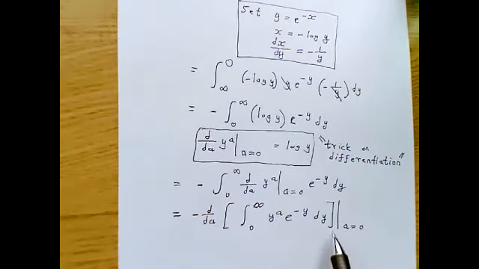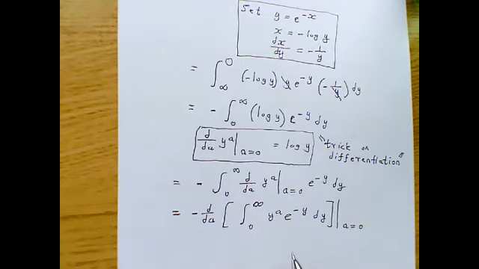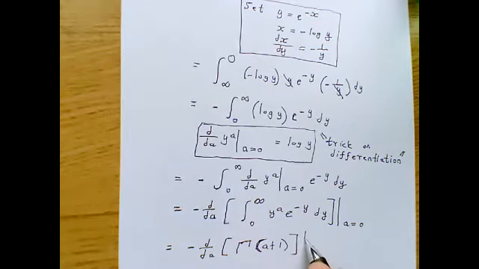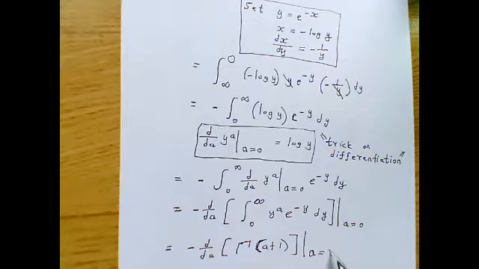Now this integral here, it should be familiar to you, is the gamma function, which is again, I did a video on the gamma function, you may recall, in the preliminary section. So what you have is d by dA of the gamma function at a plus 1, at a equal to 0.